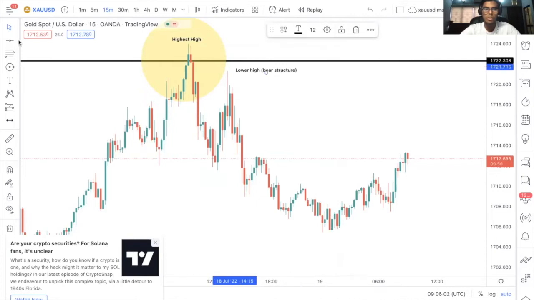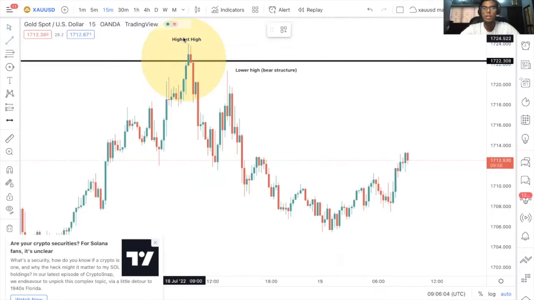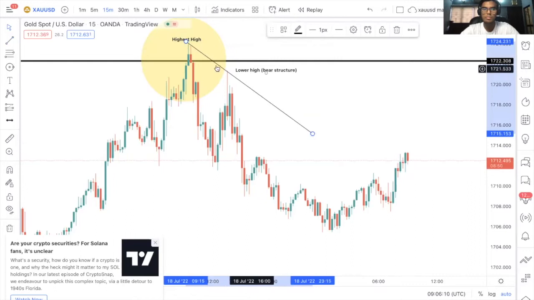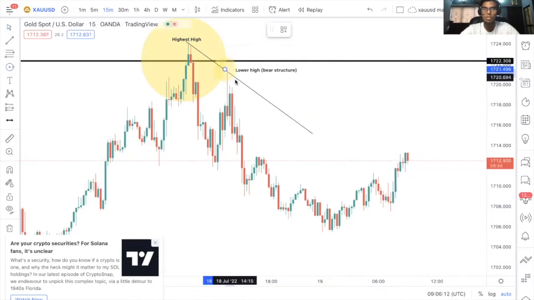So this was another confluence that told me sellers are still in control and the market is still bearish. And then we had this lower high. So this was my second confluence. The first confluence was the rejection of the previous support, which is now resistance, and now the lower high.